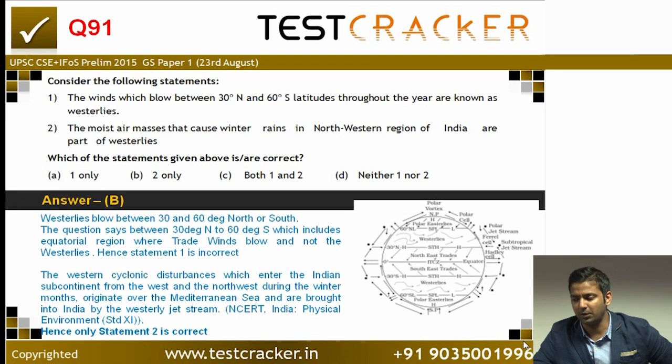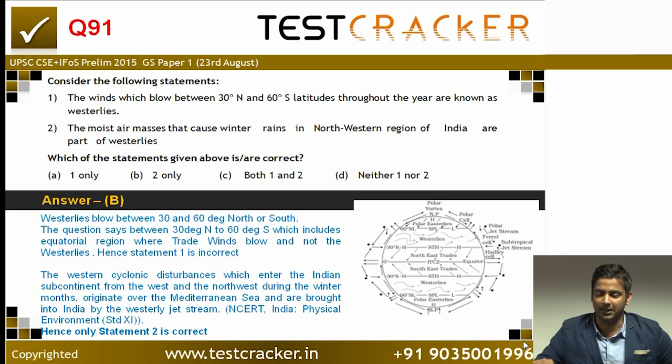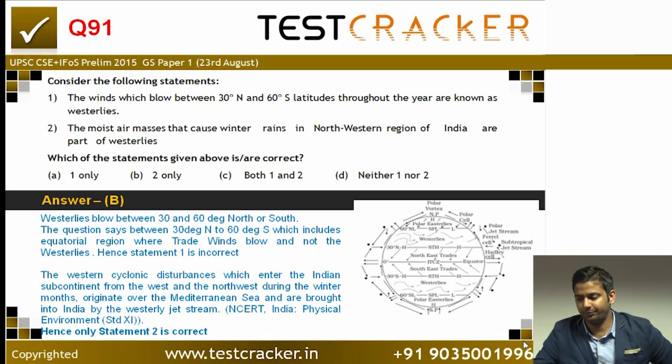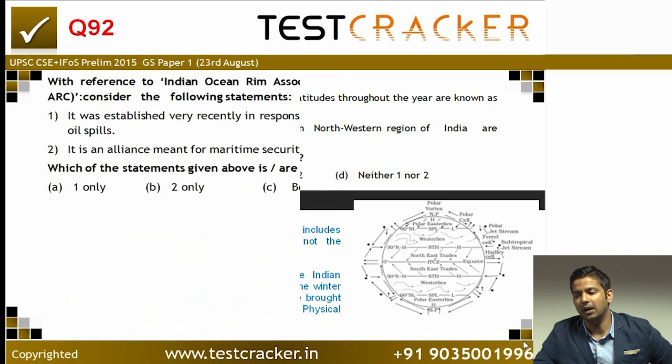So, even that way you could have done this, right. So, actually what is westerlies? Between 30 degree north and 60 degrees north on one side, and in the southern hemisphere between 30 degrees south and 60 degrees south, that is westerly, not between 30 degree and 60 degree on the other side. So, this is a standard NCERT question, only statement 2 is correct.